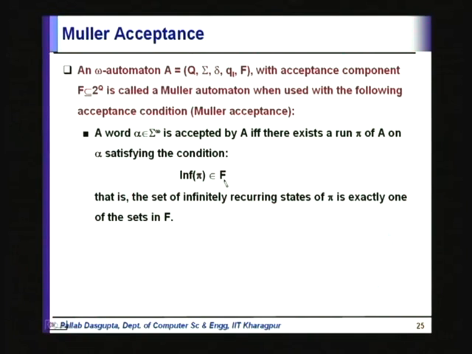Now what does this mean? This means that the set of infinitely recurring states of pi is exactly one of the sets in F. What is F? F is a set of subsets. Given all the states that are there, I define some subsets of states.